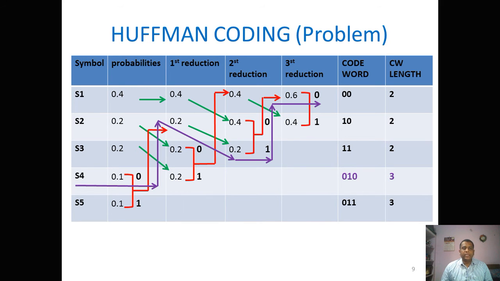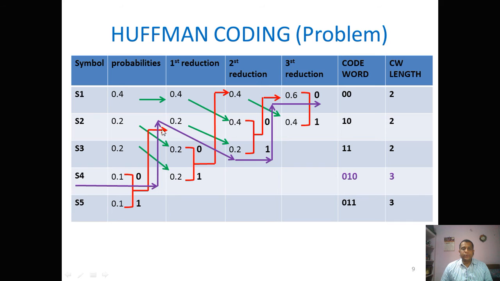In this coding table, all the probabilities are written in decreasing order as given in the first stage. Here, the last two probability values are summed up and a new probability value is created.